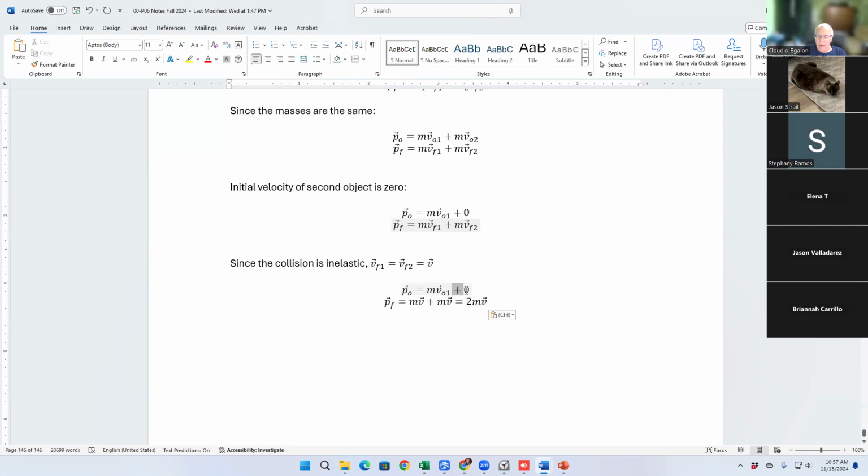I can erase my 0 from here. And now I can apply conservation of linear momentum.